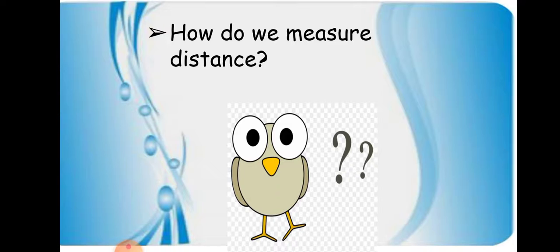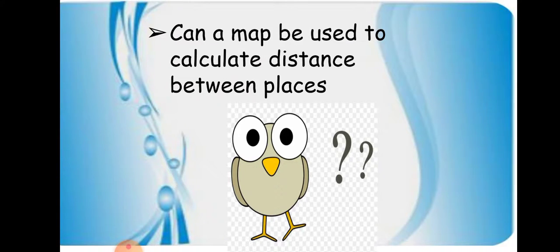Okay, so let's start with a few questions. How do we measure distance? The distance is usually measured in straight lines on a map. A scale is used to calculate the distance. And the question is, can a map be used to calculate distance between places? Yes.